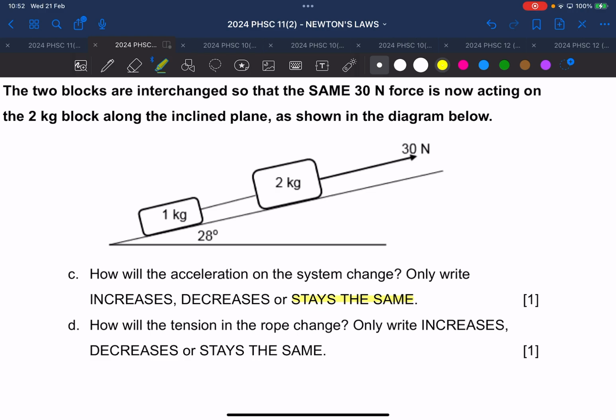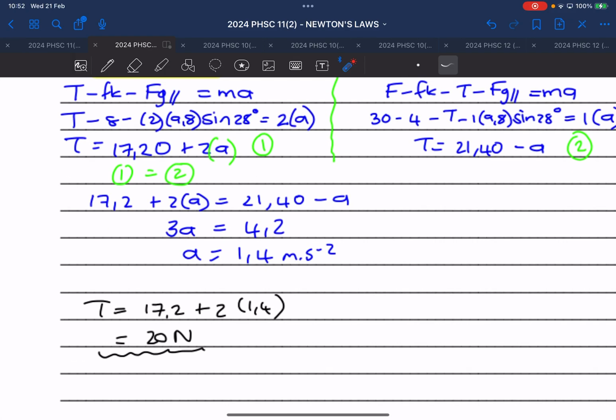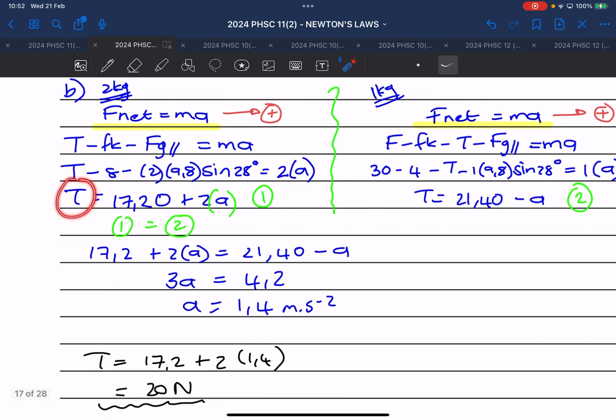Now they ask, how will the tension in the rope change? Increase, decrease, or remains the same? Okay, let's quickly look. If you look at this tension here, it is dependent on the force, the mass, and then the acceleration.